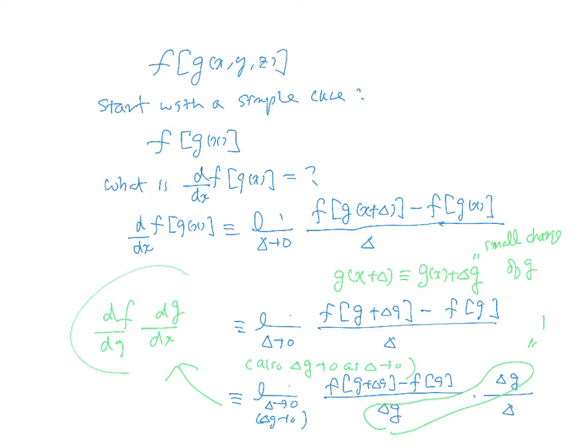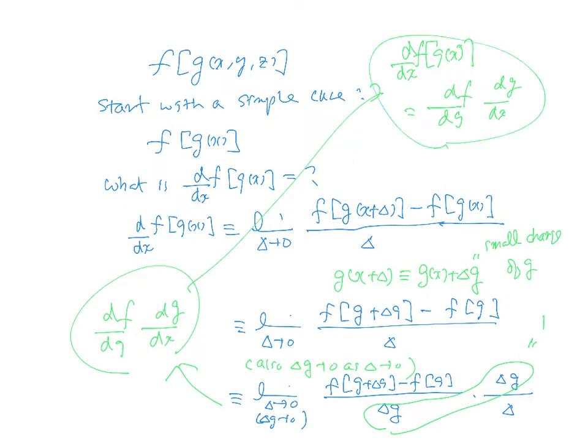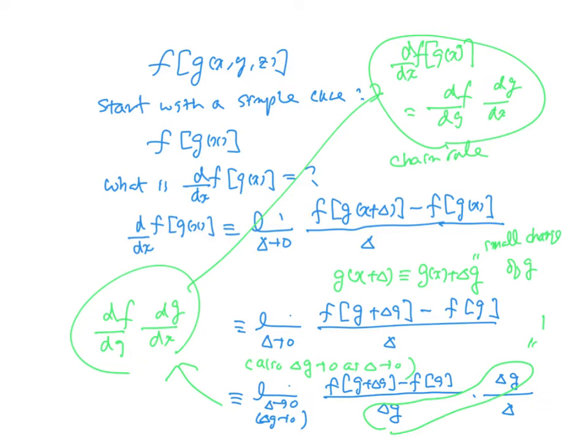So we have a chain rule: d/dx f(g(x)) is df/dg times dg/dx, and this is called the chain rule. If you go back to your freshman calculus class, I think most likely you have learned this.